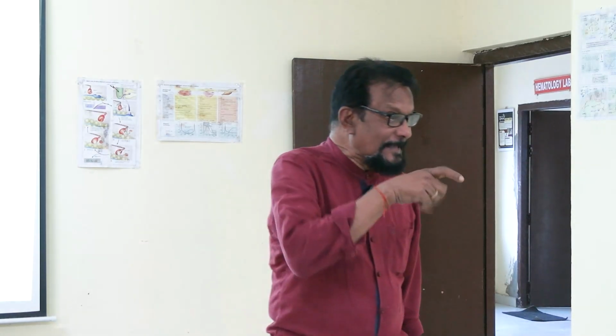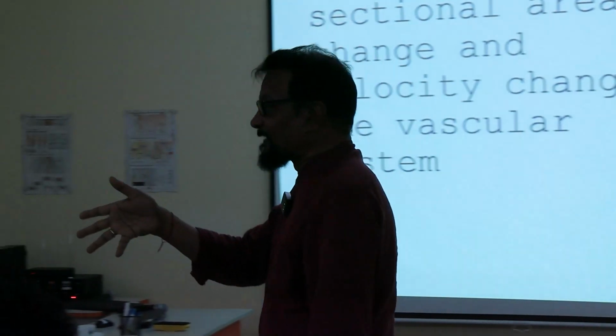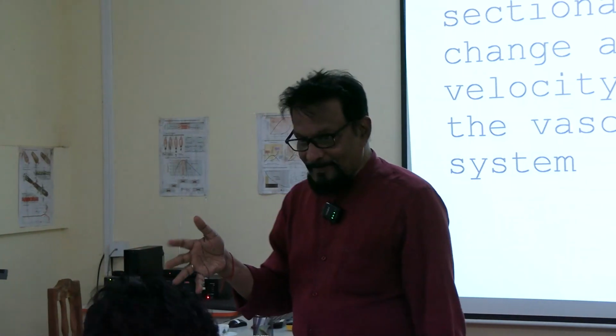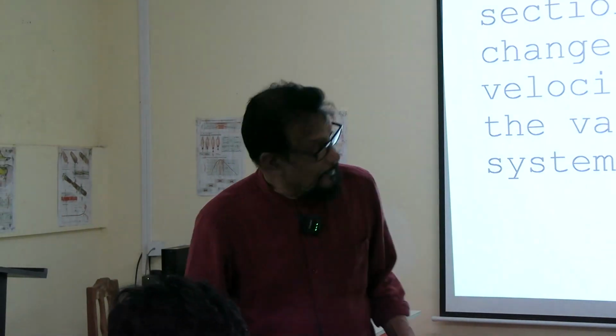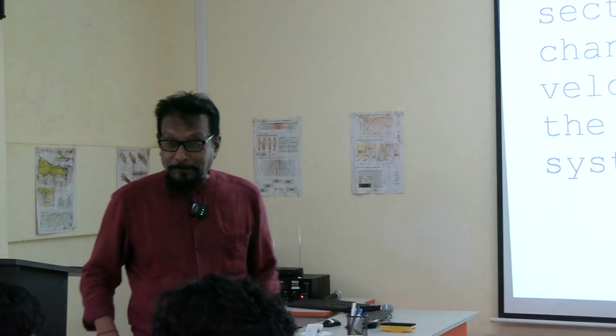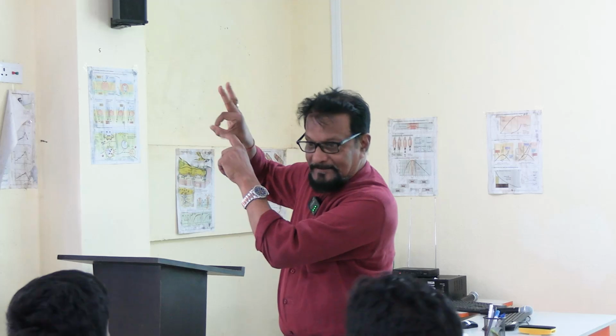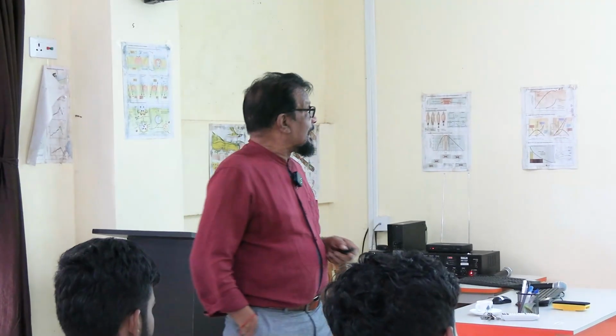As a result, velocity has increased. That means by increasing or decreasing the diameter of the vessel, you can increase or decrease the velocity. Okay? So how this cross-sectional area changes, and how the velocity changes.